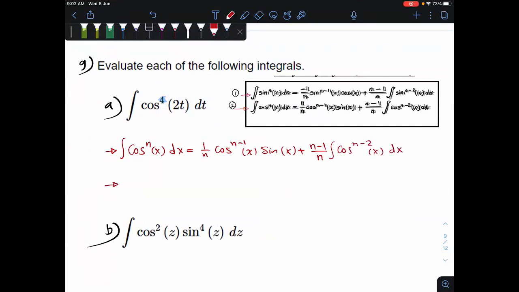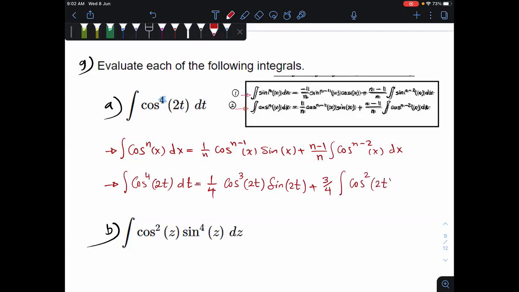So the integral of cosine to the power of 4 of 2t dt is equal to 1 over 4, because n is 4 here, cosine to the power of 3 of 2t sine of 2t plus, n is 4 here, 4 minus 1 over 4, meaning 3 over 4, the integral of cosine squared of 2t dt.